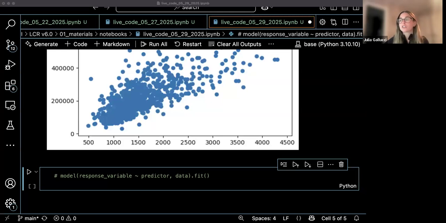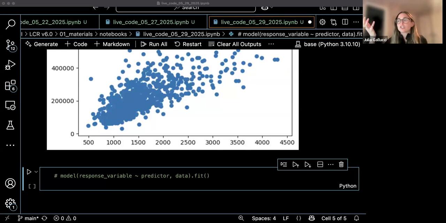OLS helps you determine this by determining both the slope and the position of the line that minimizes the total distance or errors between the data points and the line you're drawing. You can think about it as trying to draw a line that gets as close to all the data points as possible without getting too far away from any of them. So it's really minimizing the distance between your line and all the actual data points.